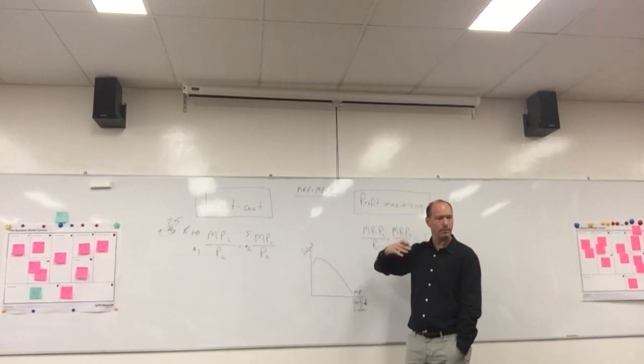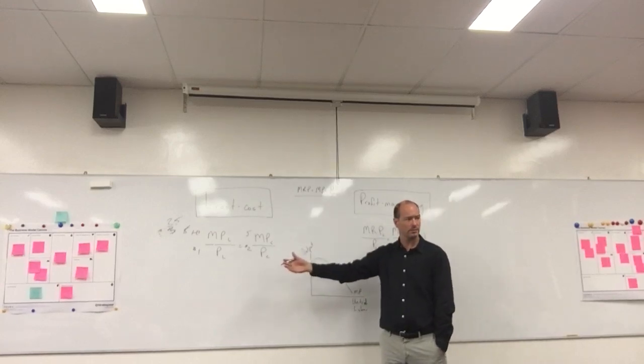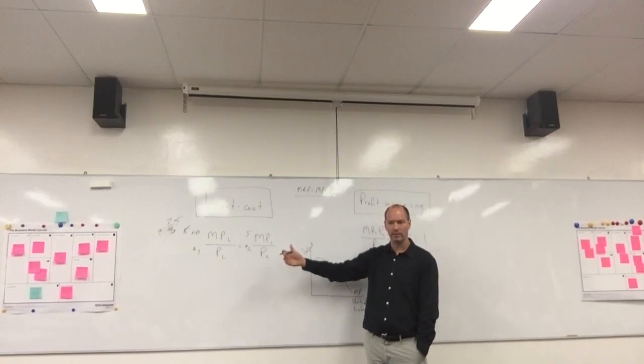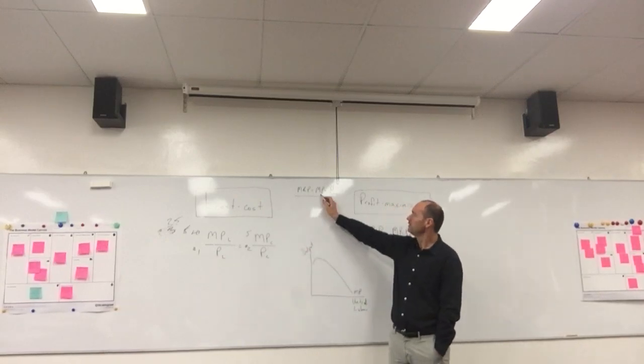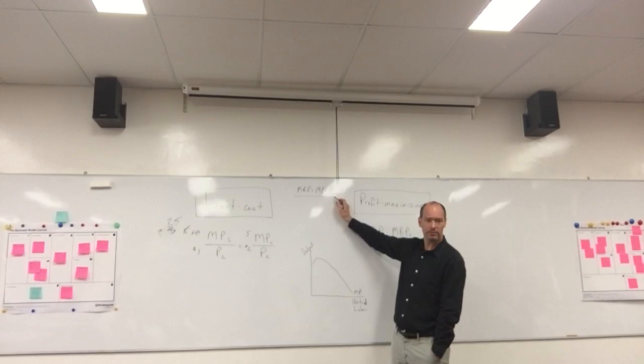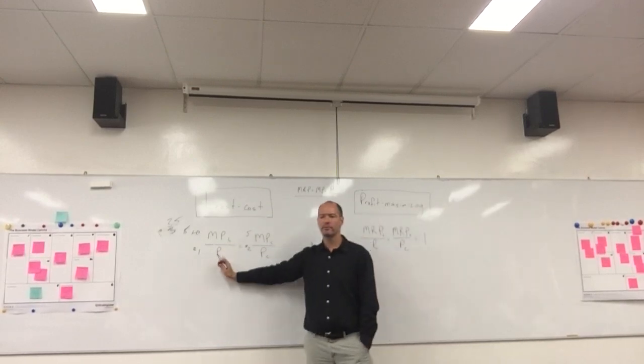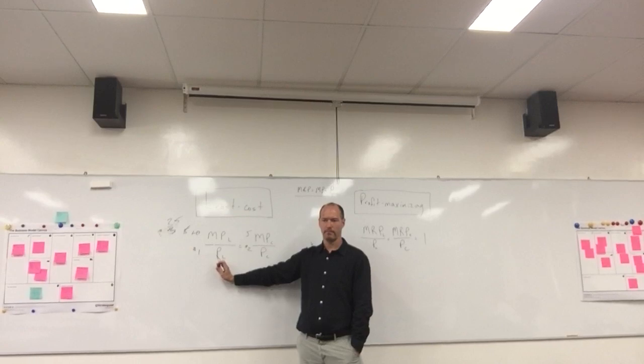So when we hire her, we're adding 10 shirts that can be sold for $2, or $20 of extra revenue from hiring her. That's 10, the marginal product, times 2, the price of the good. Or $20. That's the marginal revenue product of that first unit of labor.